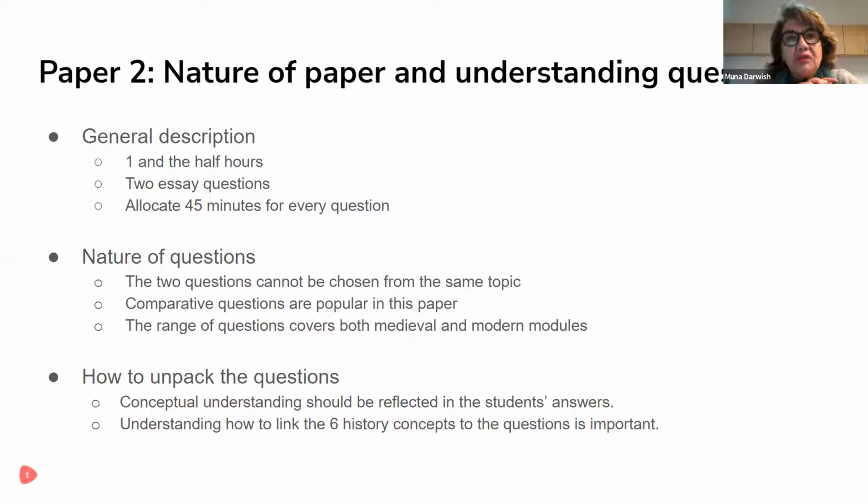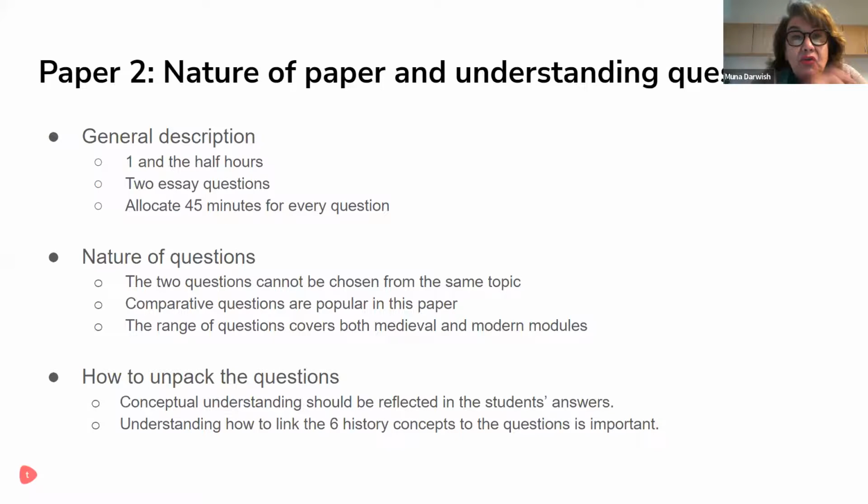And we've noticed, if we look at the questions given, the principal examiner seems to like compare and contrast questions. So it would be a good strategy for us as history teachers to train our students to answer those kinds of questions.